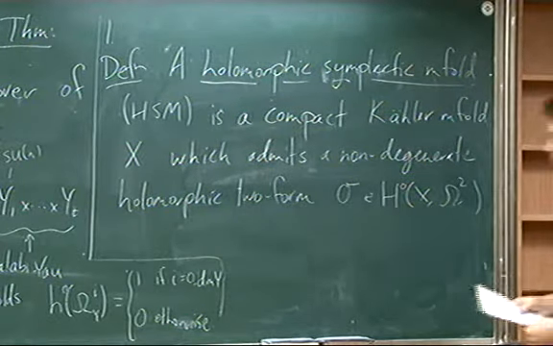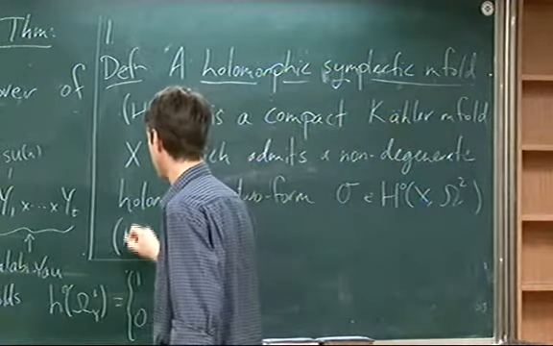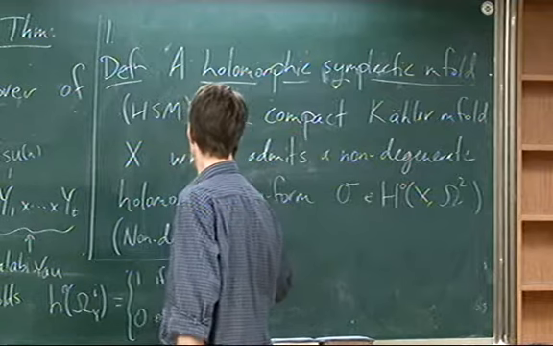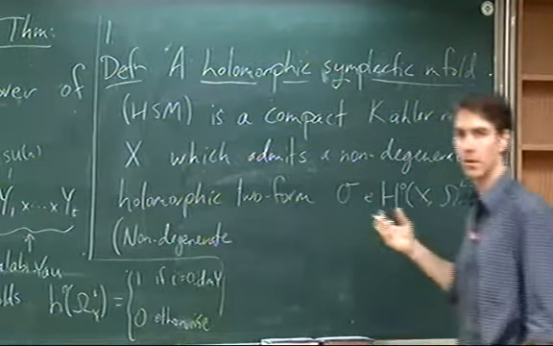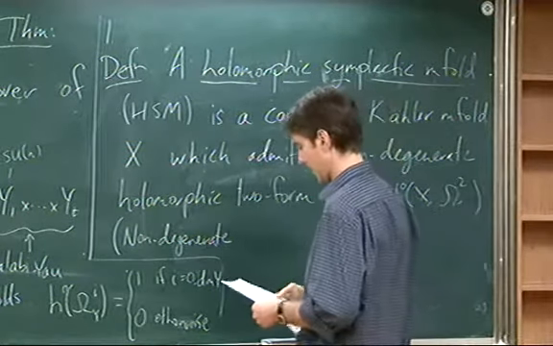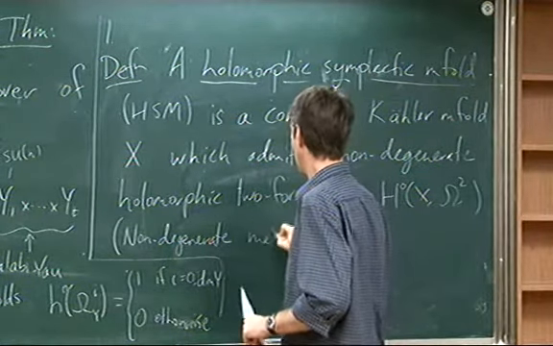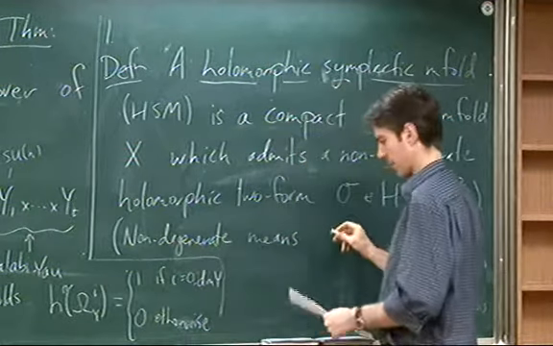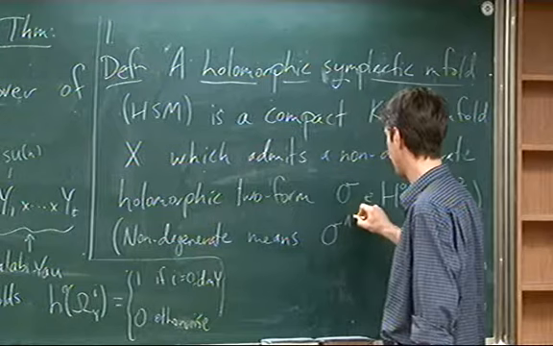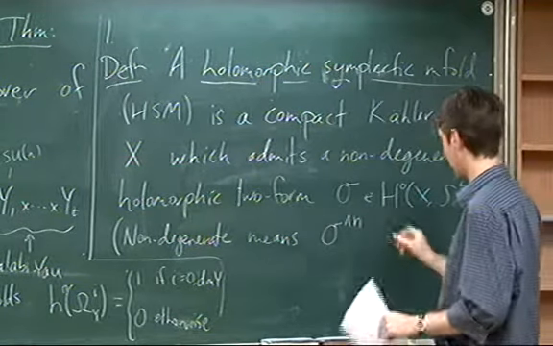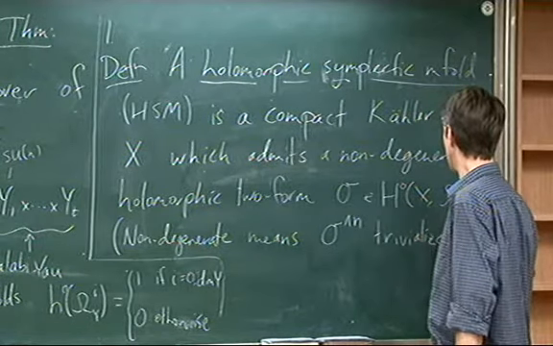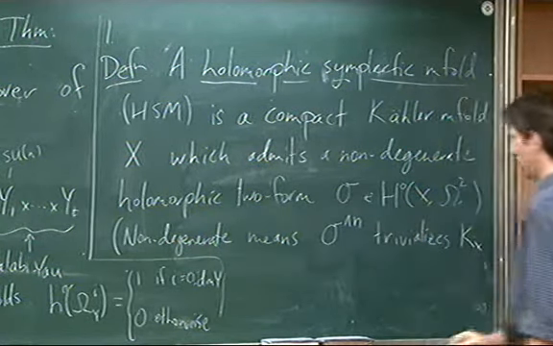So what does non-degeneracy mean here? Non-degenerate means, well, the 2-form gives a pairing on the tangent space, and you want that to be a non-degenerate pairing at each point. Another way of saying that is that the top power of this form is nowhere vanishing. So this trivializes the canonical bundle.